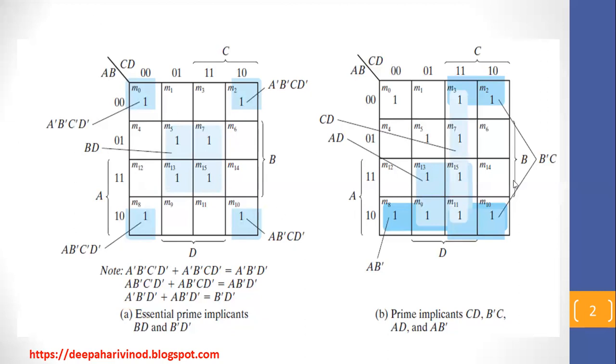Now coming to this. Here we can see extra grouping, isn't it? This 4 can be made a group of 1, and this 4 can also be made a group of 1 to include this one.